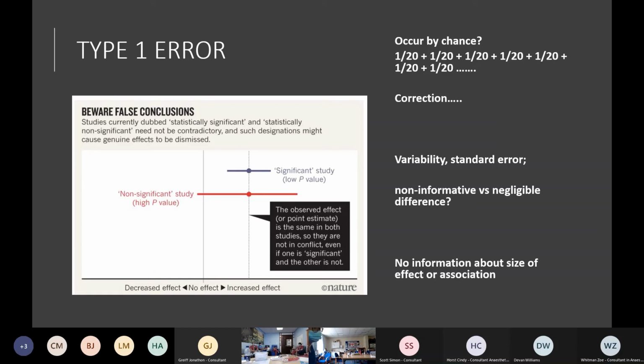That is not based on the fact that it's true, but because you've done enough p-values that one of them is now one of these 20 and has occurred by chance. There is a correction you can do for this, which is very infrequently used. So we need to know about the variability, we need to know about the standard error, we need to know whether the result is actually non-informative or whether it is actually just a negligible difference.